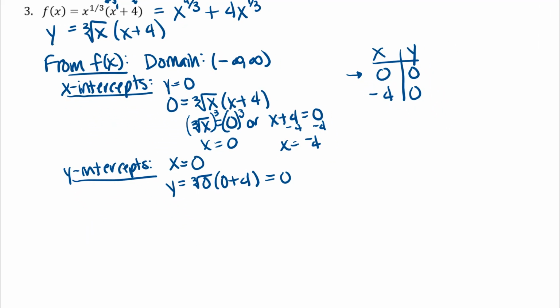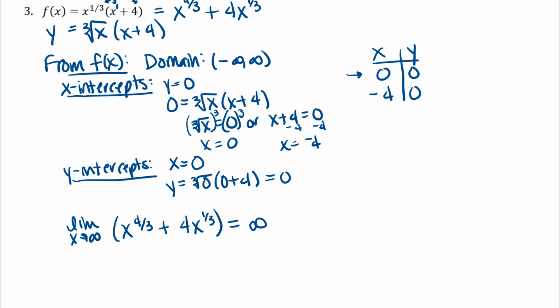I can think about end behavior of the graph, so I can think about what happens as x grows large. So when I put in large values for x and then raise them to powers and add them together, it should be pretty clear that those y values are going to approach infinity.